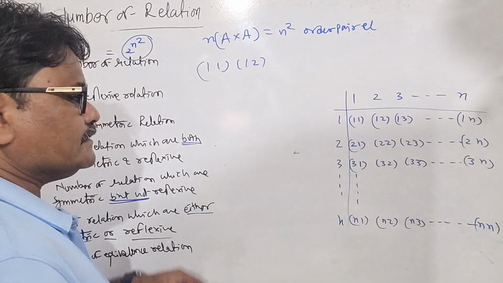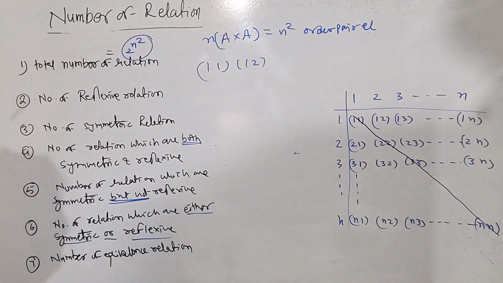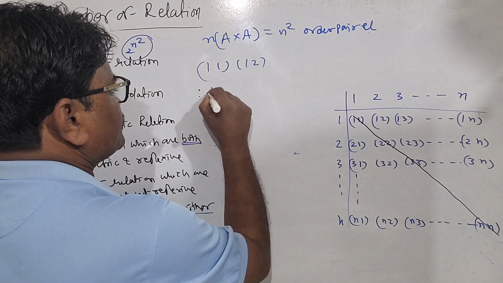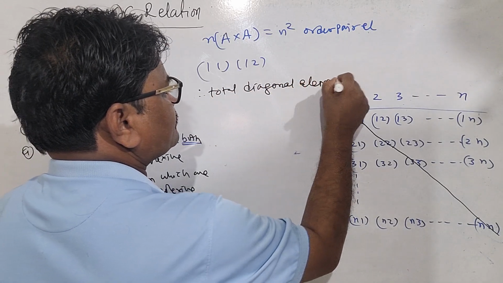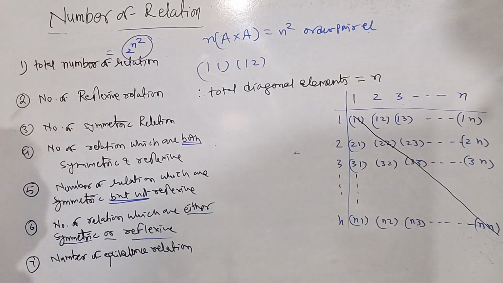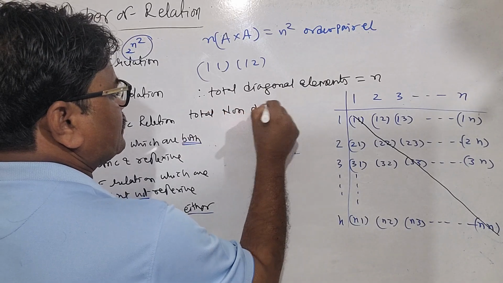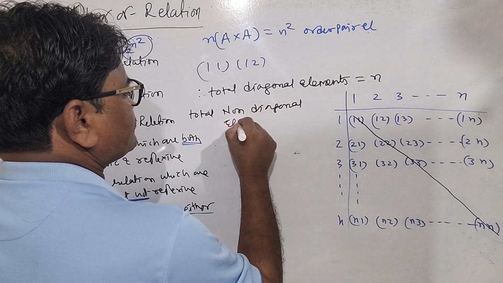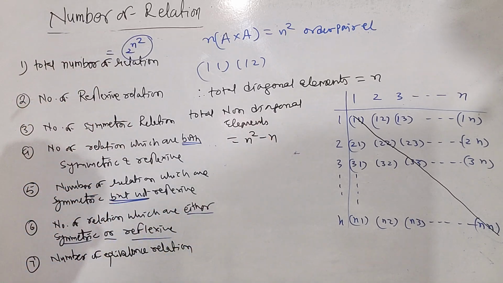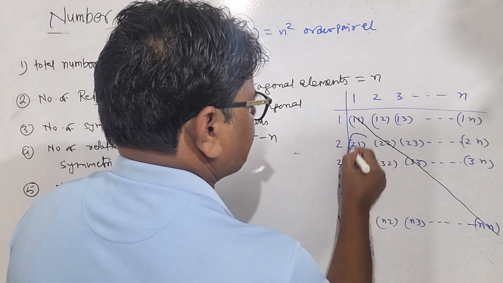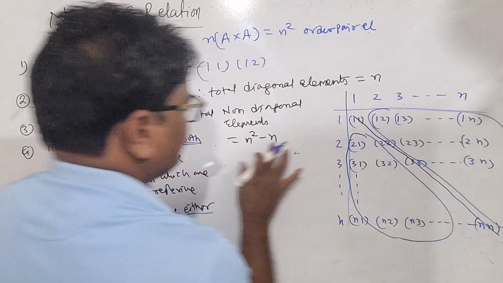Now see, these are the diagonal elements. 1 1, 2 2, 3 3, n n are diagonal elements. So definitely there will be n total diagonal elements, and the total non-diagonal elements will be n square minus n. So these elements plus these elements is n square minus n.